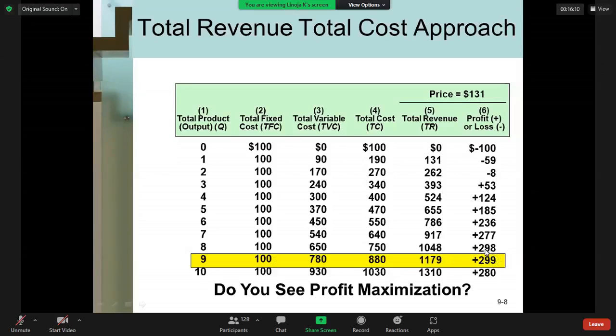So the company or the firm or the business organization should not produce a high amount. They have to look for the profit-maximizing quantity. That is the importance in business. That's why we are calculating.